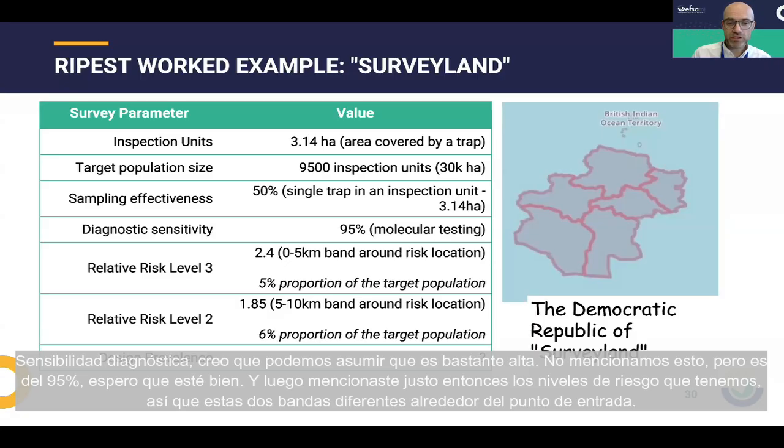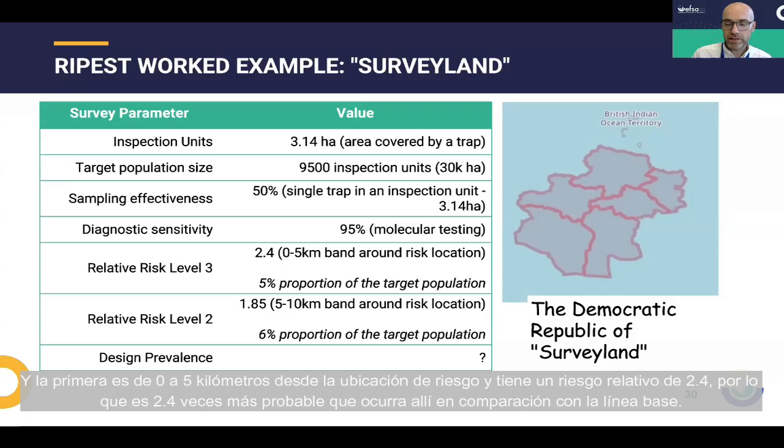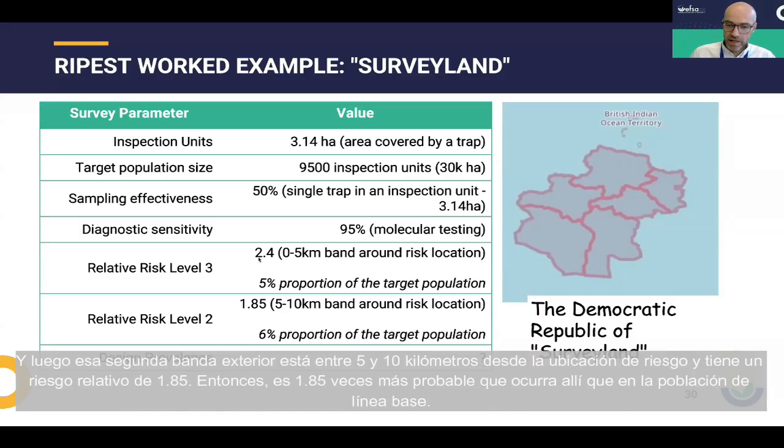And then you mentioned just then the risk levels that we have. So these two different bands around the entry point: the first is from 0 to 5 kilometers from the risk location, and that has a relative risk of 2.4. So it's 2.4 times more likely to occur there compared to the baseline. And then that second outer band is between 5 and 10 kilometers from the risk location, and it has a relative risk of 1.85.